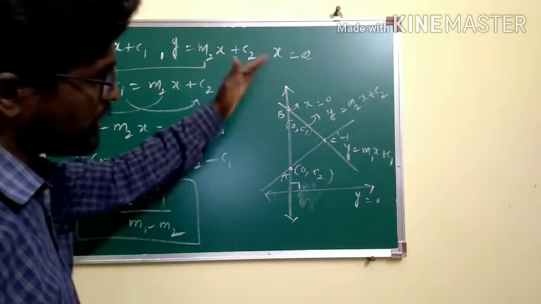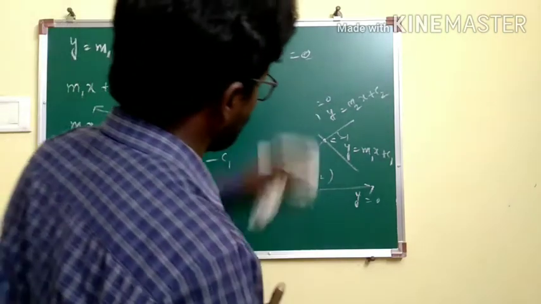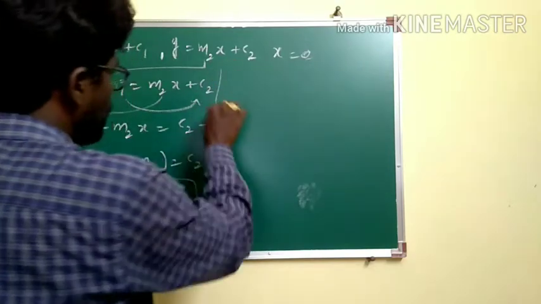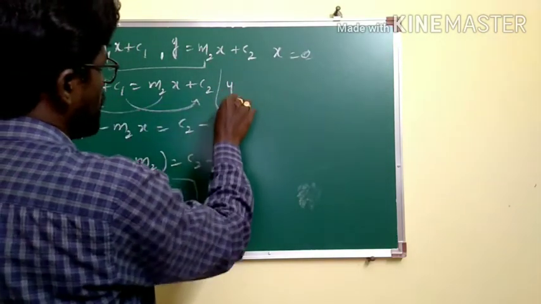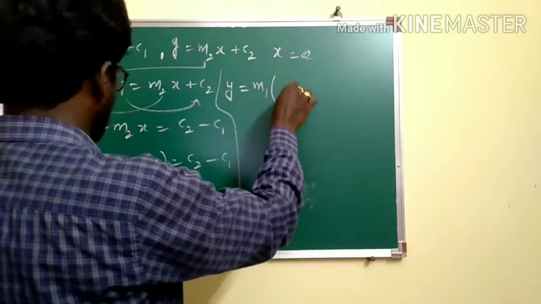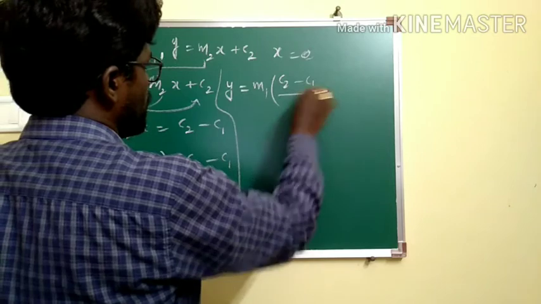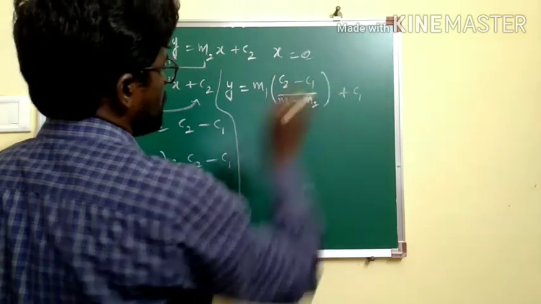Anyway, we do remember 0 comma c1 and 0 comma c2. Let me substitute x in equation 1: y is equal to m1 into (c2 minus c1) by (m1 minus m2) plus c1.